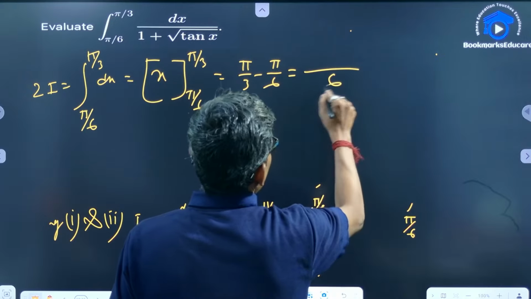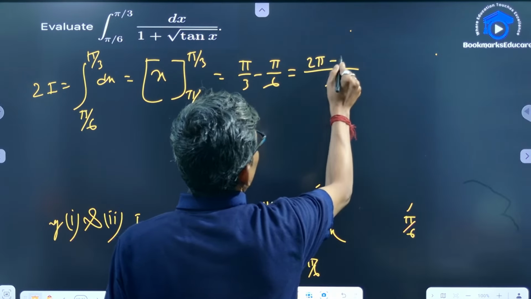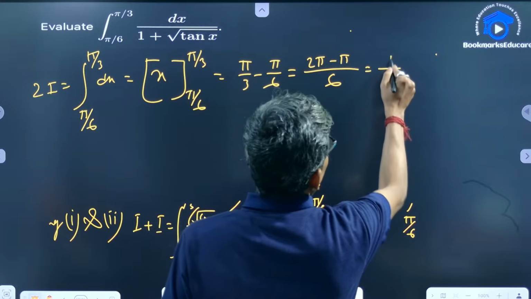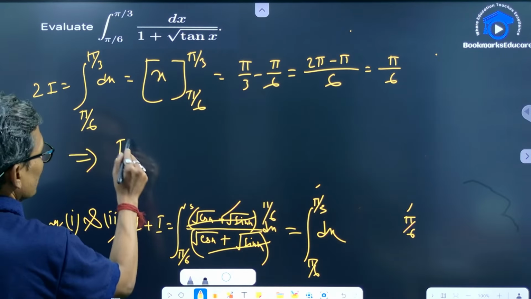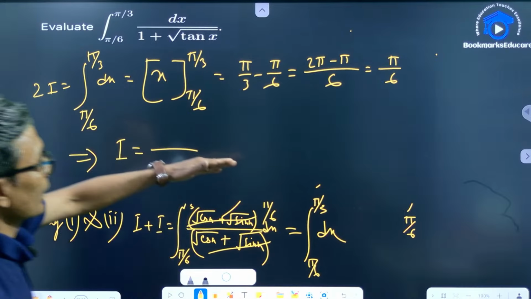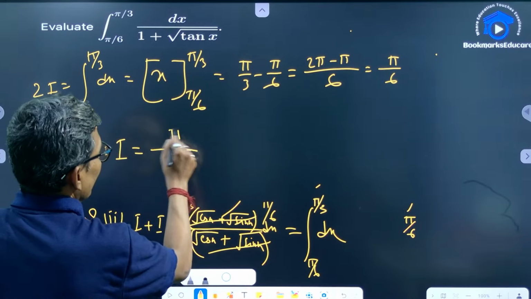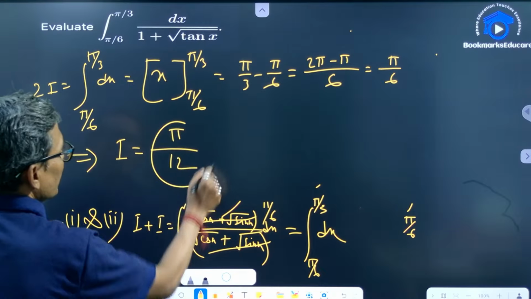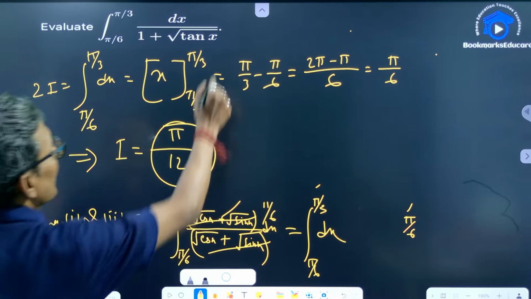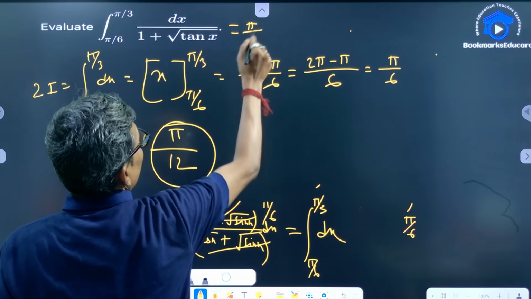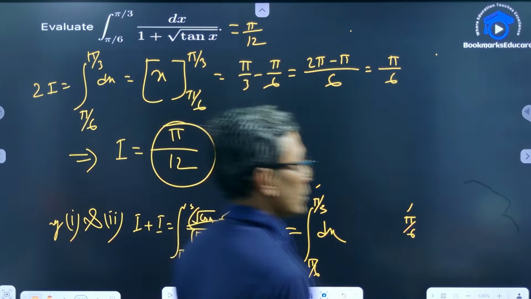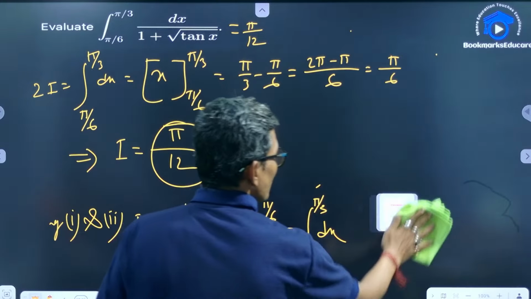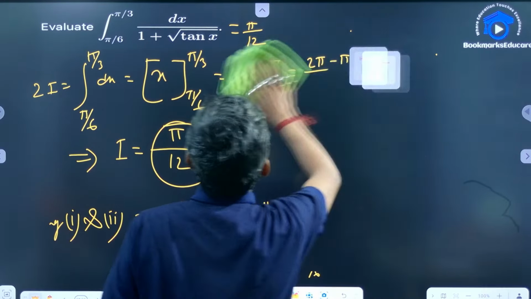So the LCM is 6, so pi by 6. So I is equal to, the 2 comes to the other side, so divided by 2, pi by 12. So pi by 12 is the required answer of this sum. Clear? Got it? Now we move to the next sum.